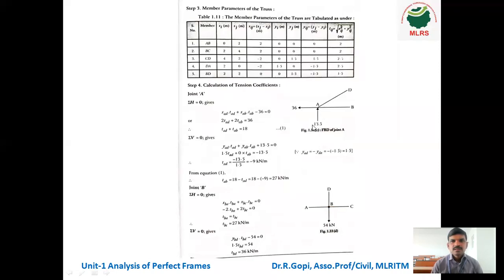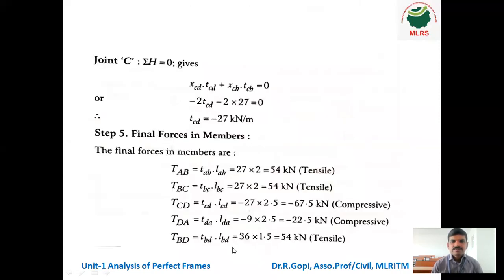Okay. So next come to joint C. So in joint C, we know that XCD, only one member is pending. Okay. So only summation of H is equal to 0 is enough. So XCD, TCD plus XCB, TCB. Okay. So XCD is in left quadrant.